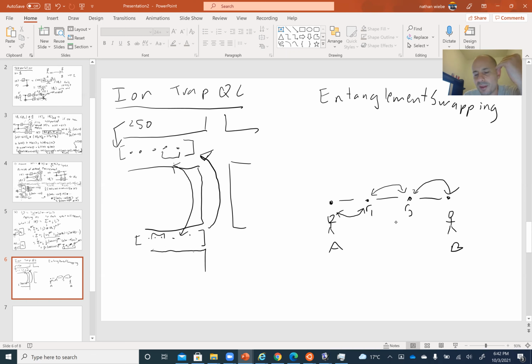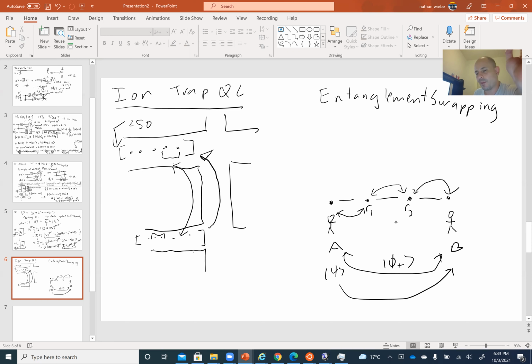And now, through this chain of teleportations, Bob can use that information to have a shared Φ+ state between her and Bob that they can use to send a quantum state directly across. This is very important in quantum networking because it's really unlikely that Alice and Bob are going to have a direct link to each other.